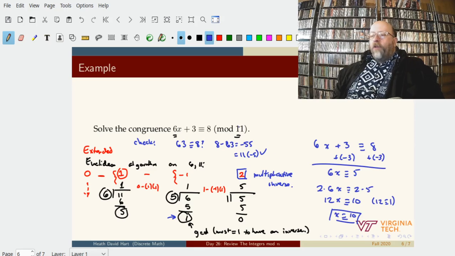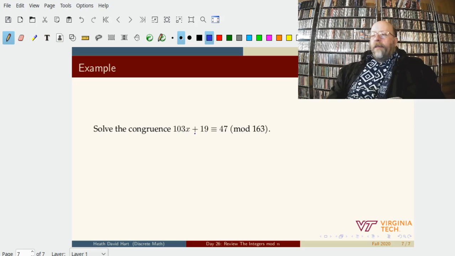For small numbers like 11, you could figure this out in your head. You probably could just go through brute force and check a bunch of numbers until you found one that worked. But for larger numbers, like this one here, you don't want to sit here doing brute force all day. You want to be able to solve this congruence using the Euclidean algorithm. So let's try this one.